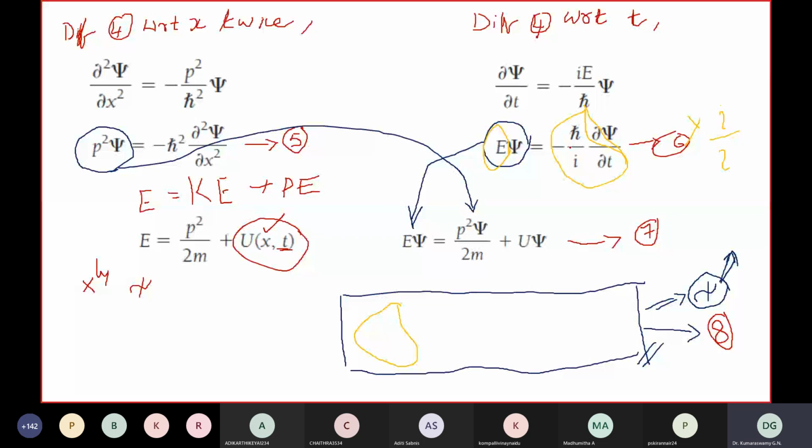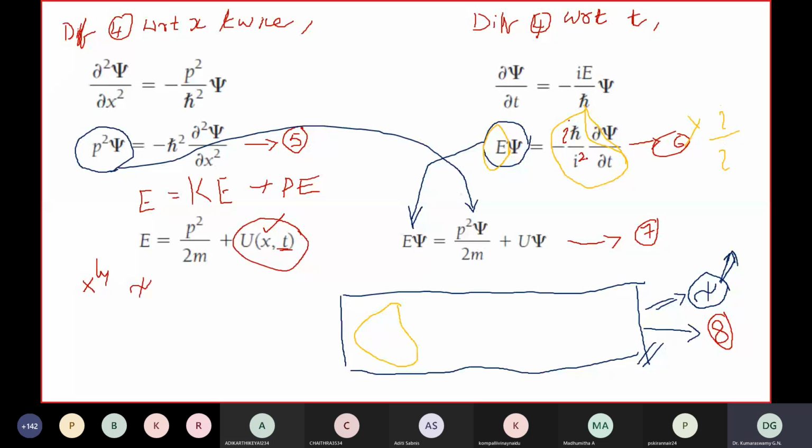Sir, this one I understood. From this equation, E psi is equal to, I get i h cross. I multiply and divide by i. You get i here, i square here.